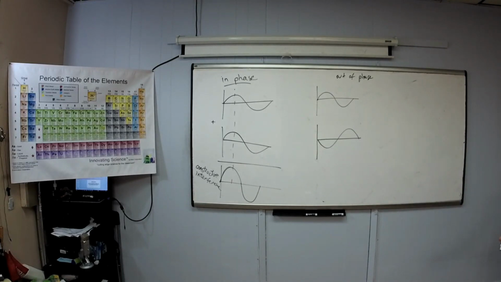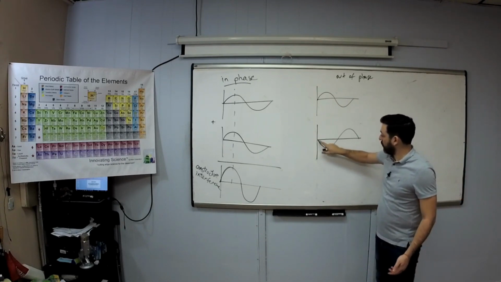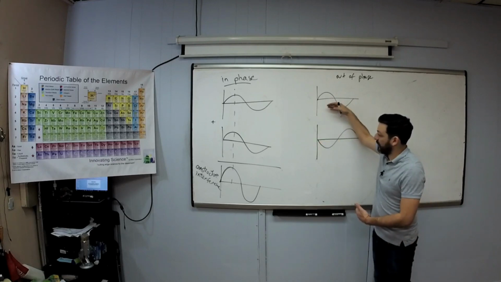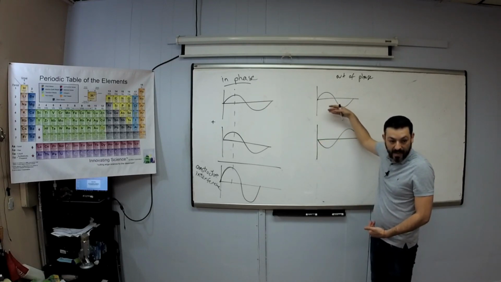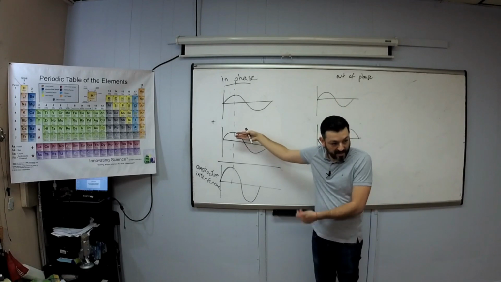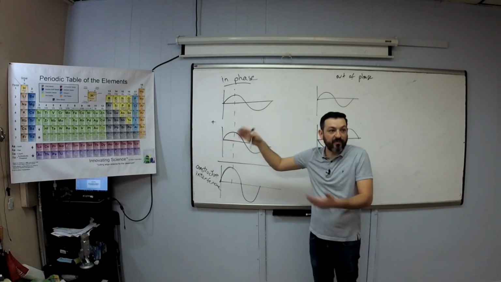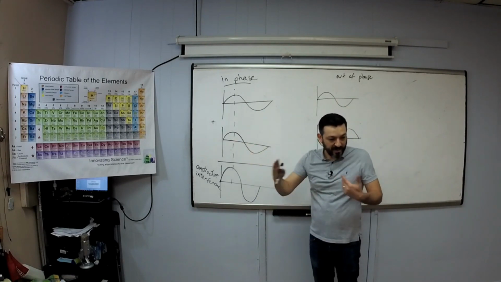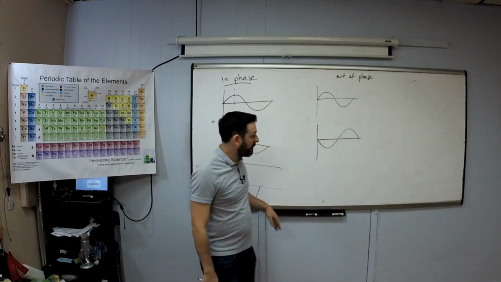Now, these are not the only two ways that waves could combine. They don't have to be perfectly in phase or perfectly out of phase. They could be anything in between, right? So this is saying that the wave is lined up with the other wave either 180 degrees away or lined up perfectly 0 degrees. But one could be lined up with another 4 degrees or 7 degrees or 12 degrees. I'm just showing you the extremes.